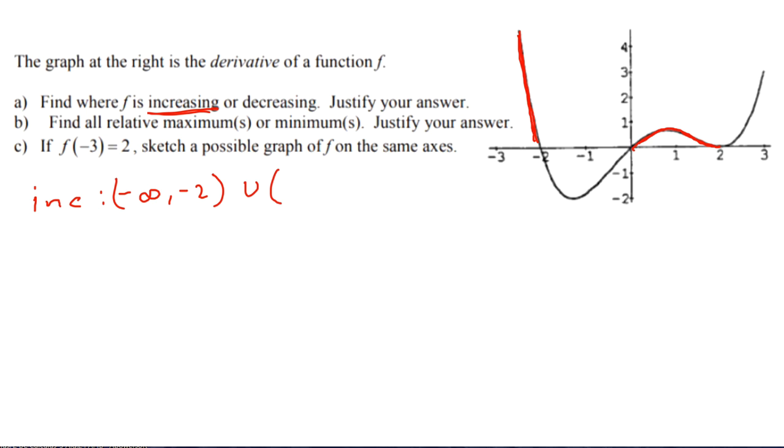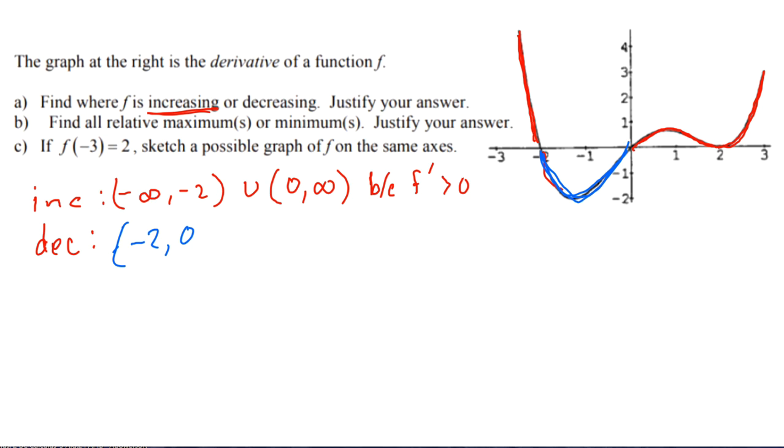This would actually be from 0 to infinity, because all of that is equal to or above that. And so this is because f prime is positive. And then decreasing on the interval where it's negative, and that is going to be in this location here, which is from -2 to 0, and the reasoning is because f prime is less than 0.